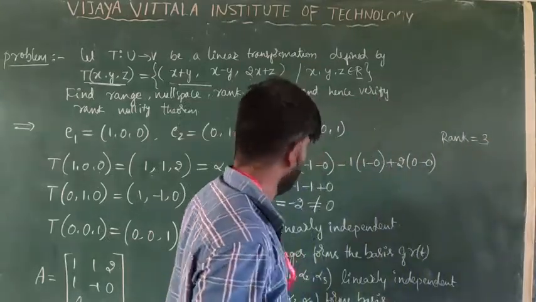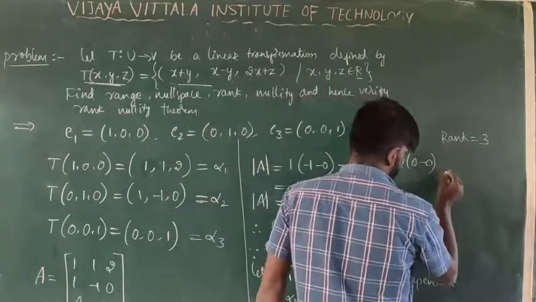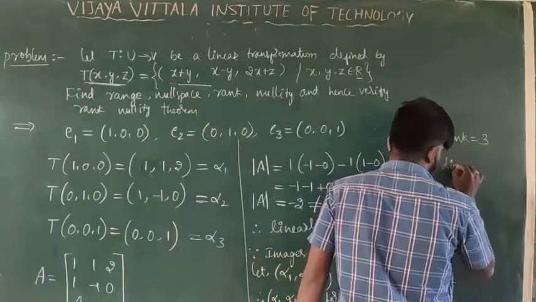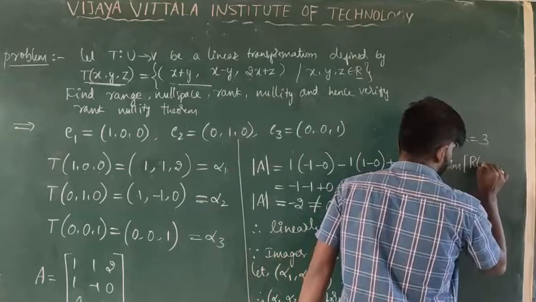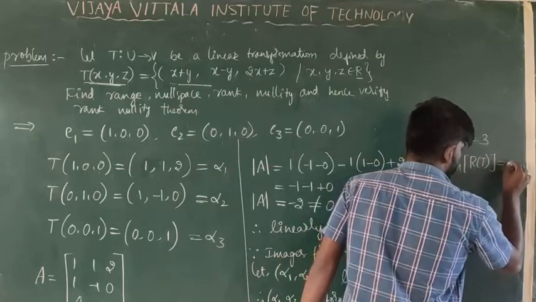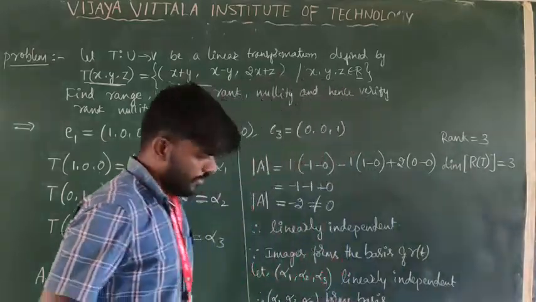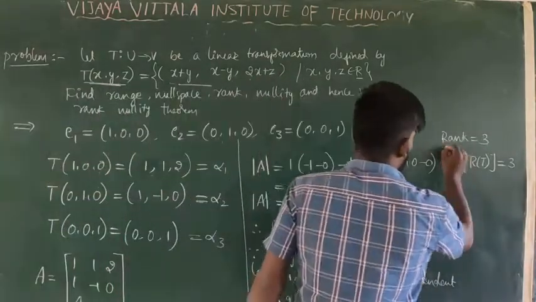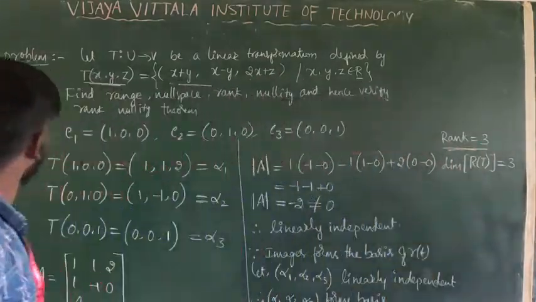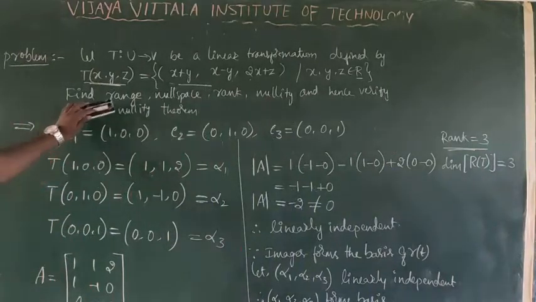Rank is nothing but the dimension of range space R of T, which equals 3. Okay, rank is 3. Next, we have to find the range.